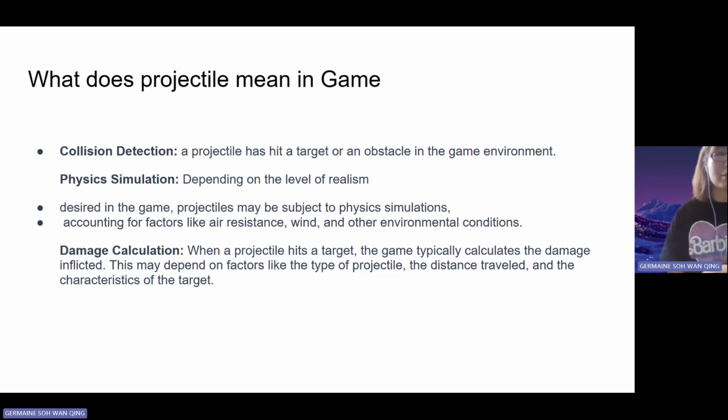Lastly will be the damage calculation: when a projectile hits a target, the game typically calculates the damage inflicted, and this may depend on factors like the type of projectile, the distance traveled, as well as the characteristics of the target.